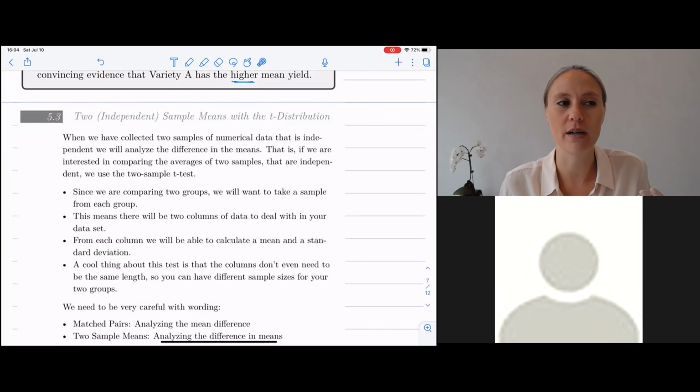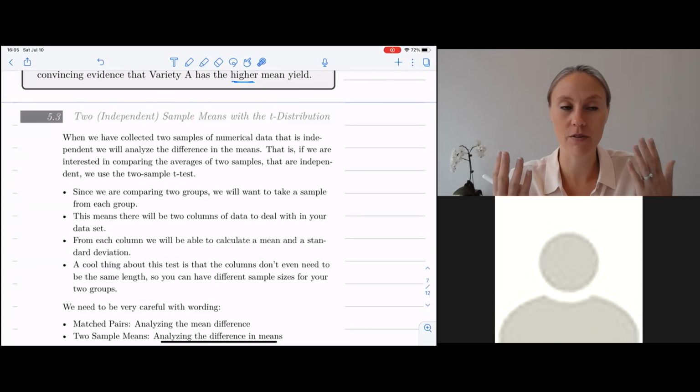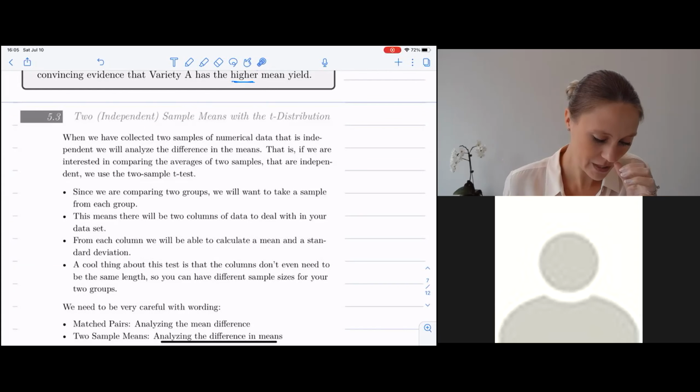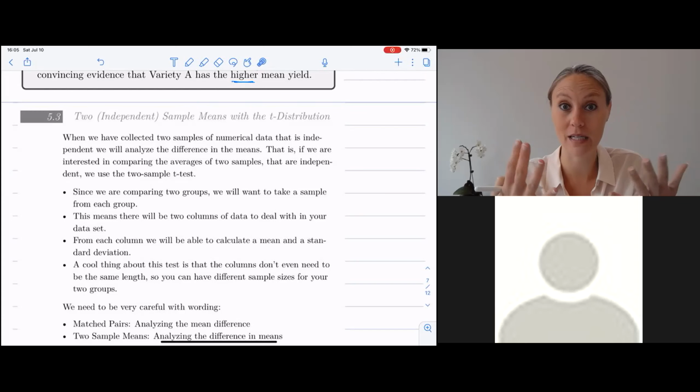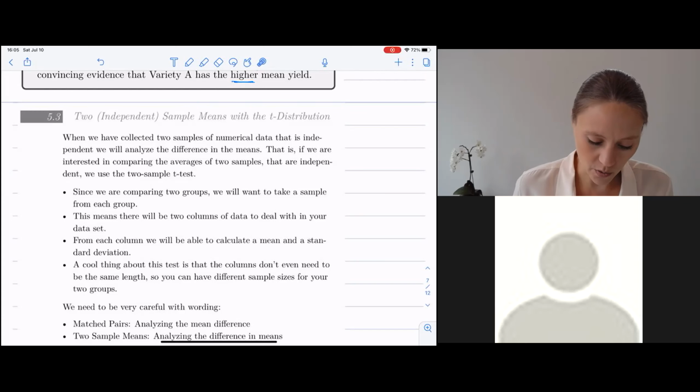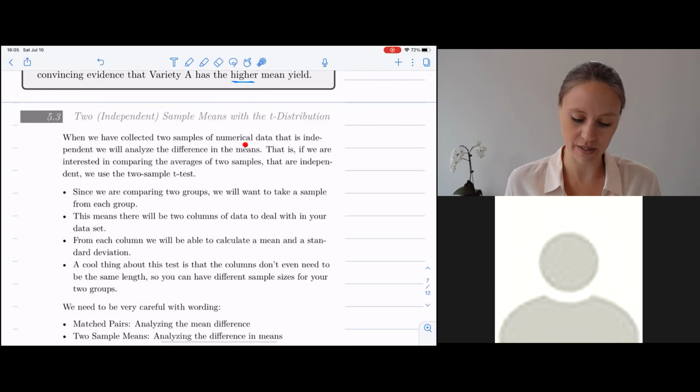That's going to be pretty rare. It's going to be, how does the mean of this group compare to the mean of this other group, where those two groups are independent of each other. So when we've collected two samples of numerical data that's independent, we're going to analyze the difference in the means.